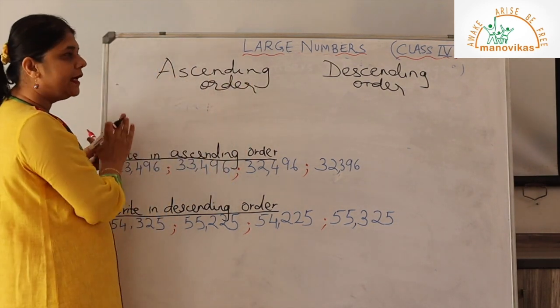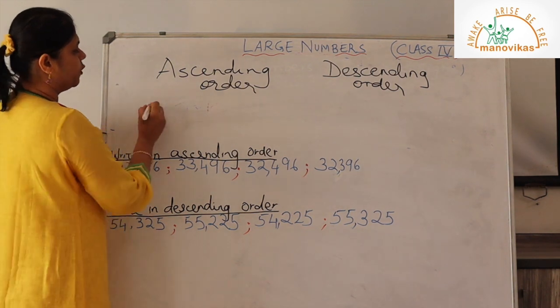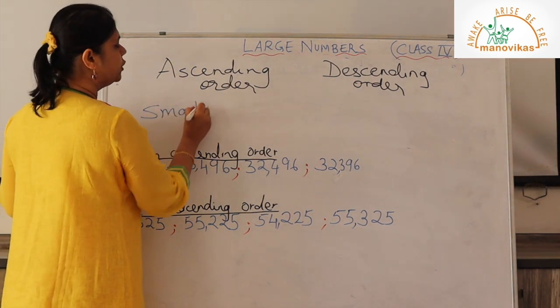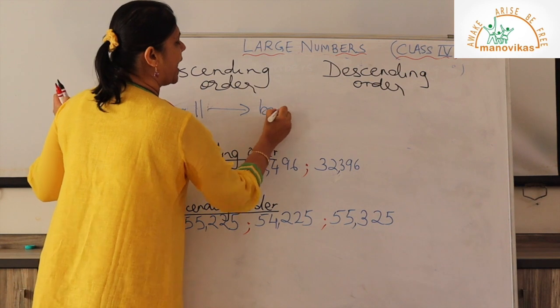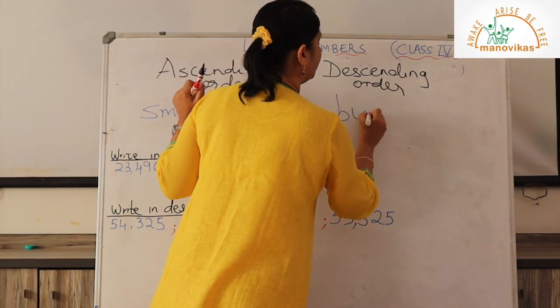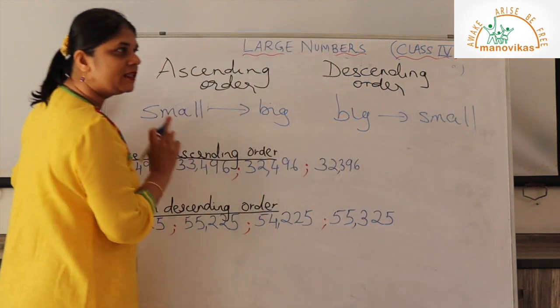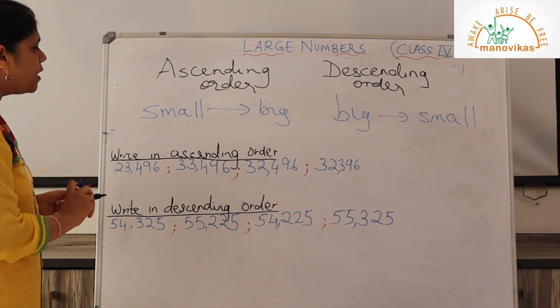What is ascending order? In ascending order, we write the numbers from small to big. And in descending order, we write the numbers from big to small. Now, let us understand this, children, with the help of an example.